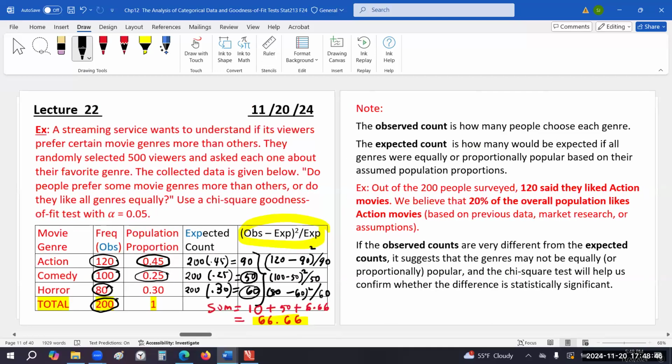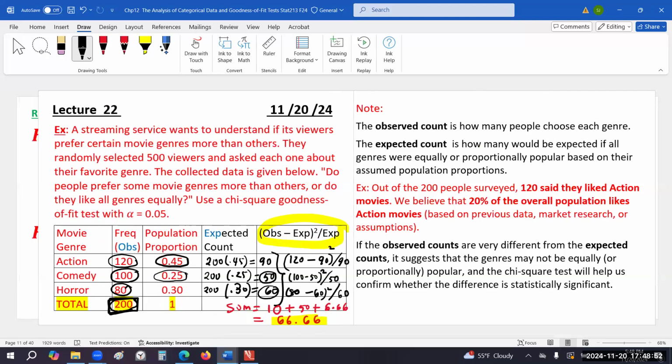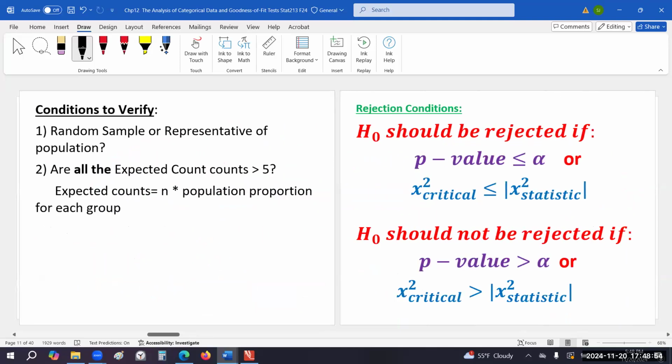Because 200 is the total number of people we have in our sample. So, expected count. Expected count is n times the population proportion for each category. We have a total of 200 people in our sample, and based on 3 categories, we have 3 different proportions.